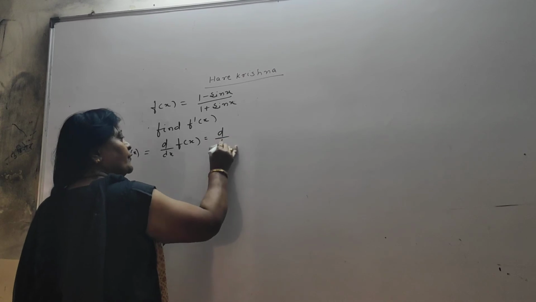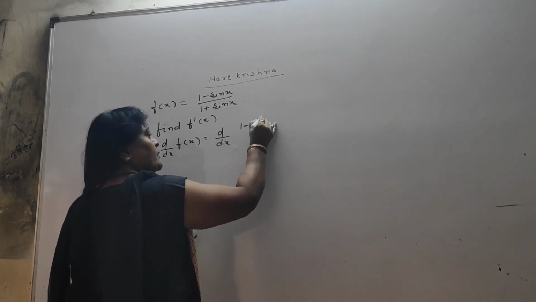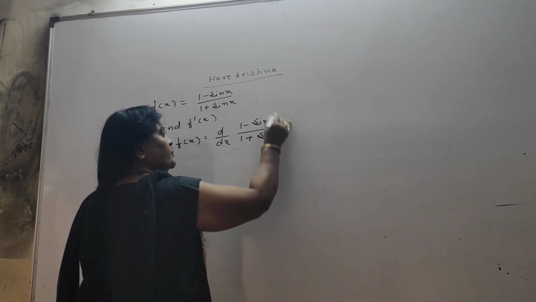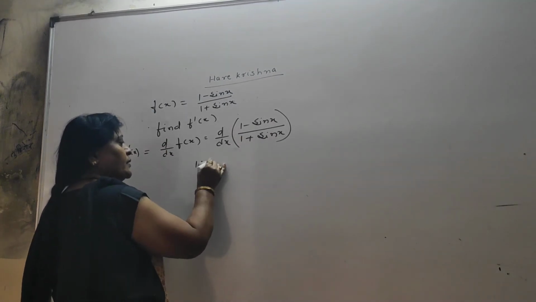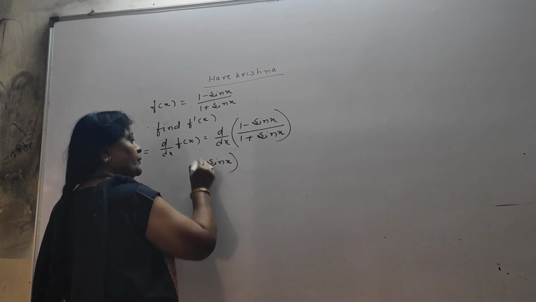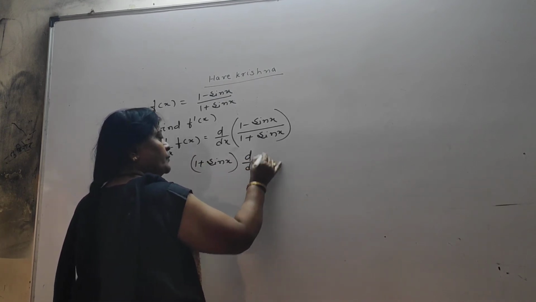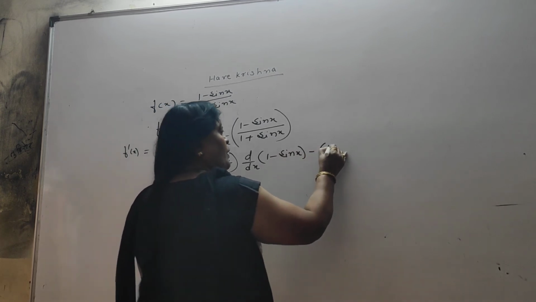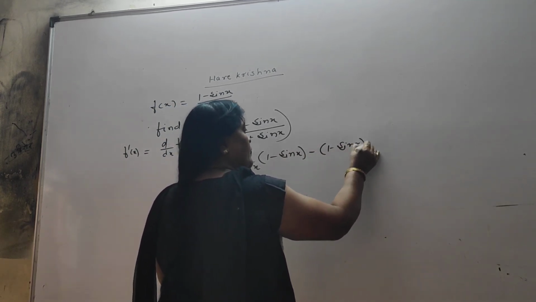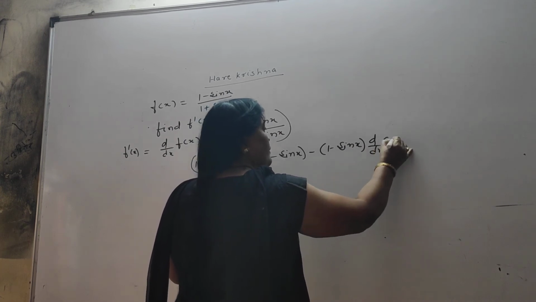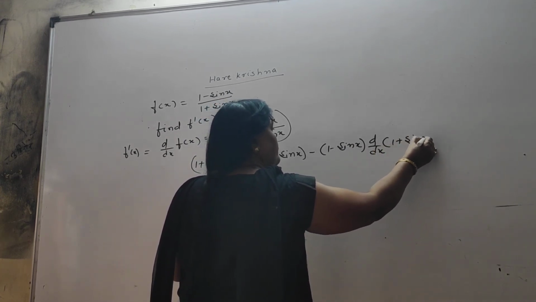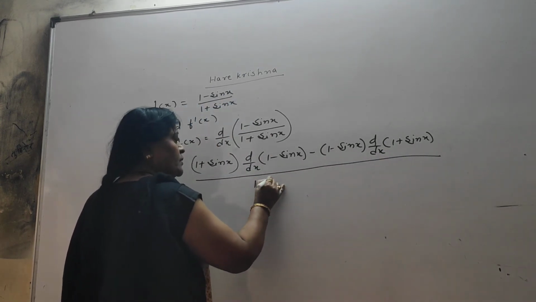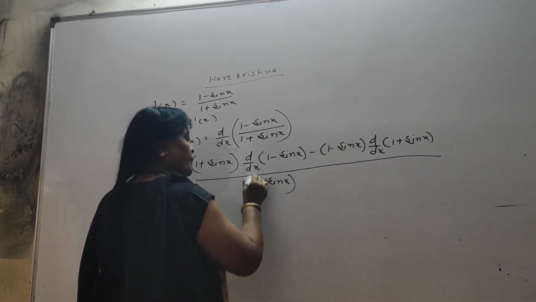Therefore d dx of 1 minus sin x divided by 1 plus sin x. 1 plus sin x, d dx of 1 minus sin x, minus 1 minus sin x remains as it is, d dx of 1 plus sin x, divided by 1 plus sin x whole square.